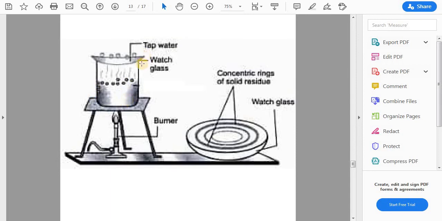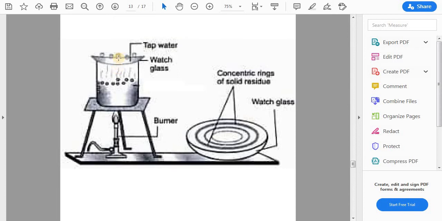They have taken a silica glass tube also, and a silica watch glass. Here, this is called the water bath for uniform heating. So, take some tap water in the clean watch glass, place it over a beaker containing water, and boil the water in the beaker.